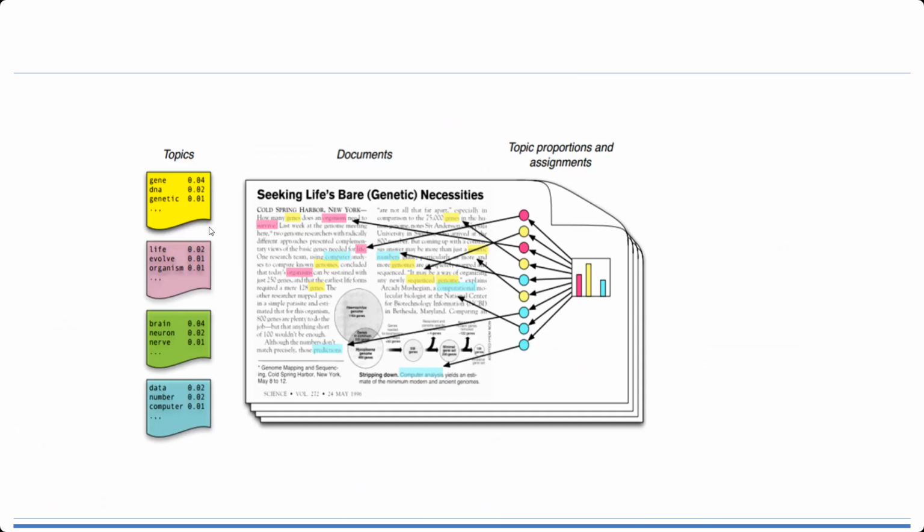This is another thing about the topic model, why I put this one. Yeah, this is another way. If we have a document, we can assign each of these words to a topic.